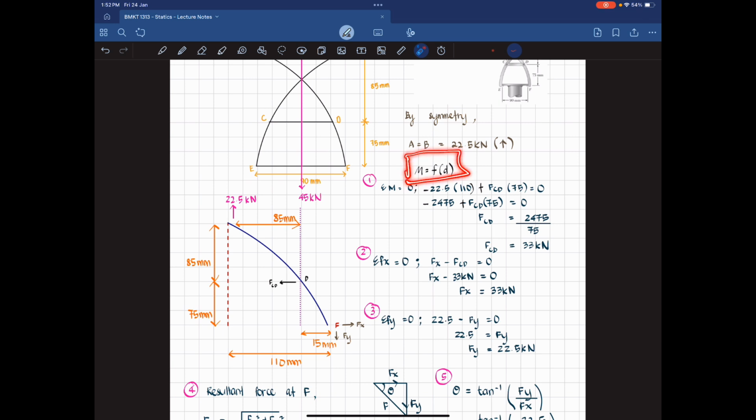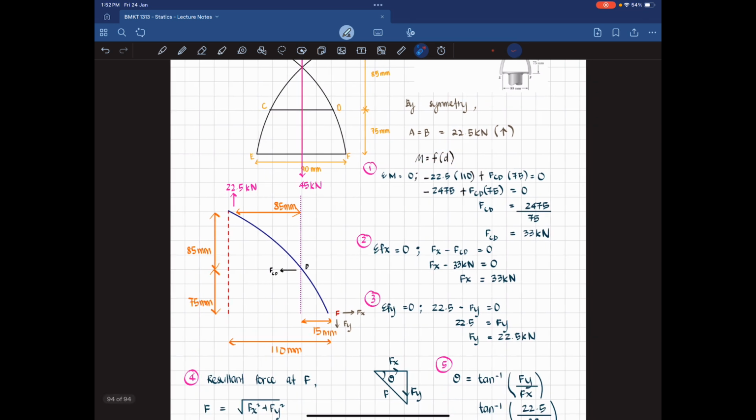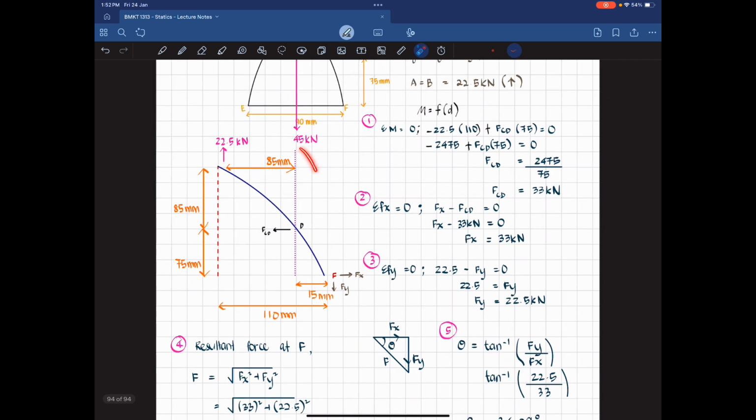This is the formula: force times distance. For the diagram, we have two forces, this one and this one, FCD.